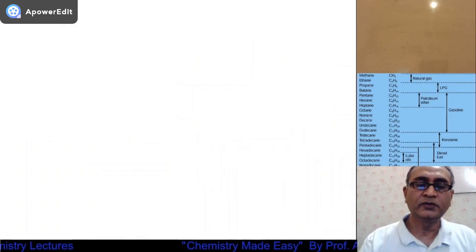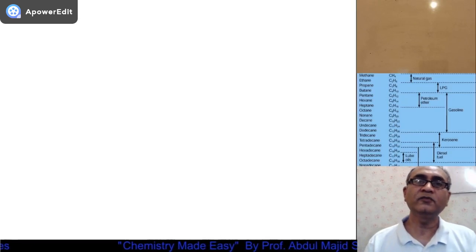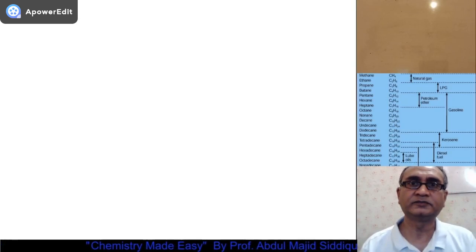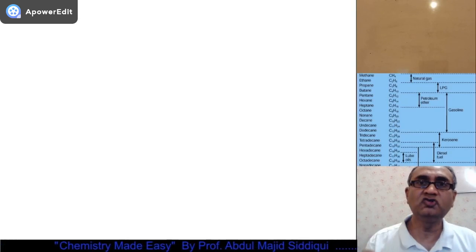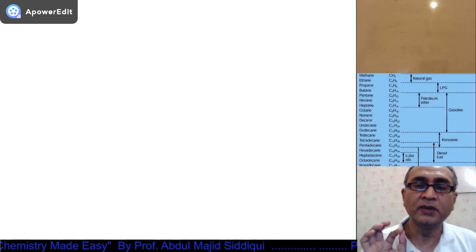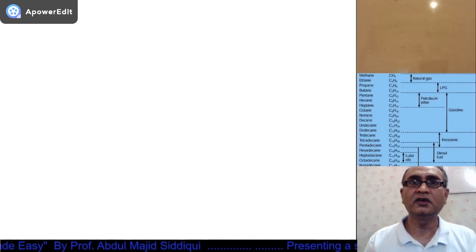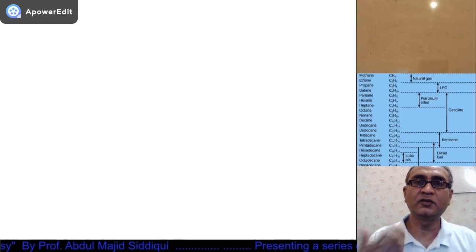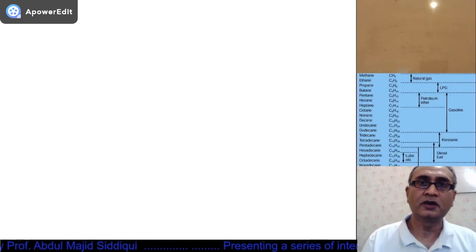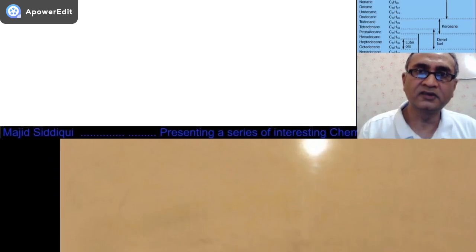Now, before we proceed to the next, there are some prefixes which are used extensively in organic chemistry. Without memorizing these prefixes, we will not be able to comprehend the upcoming topic of nomenclature or any other. So, what are those prefixes?